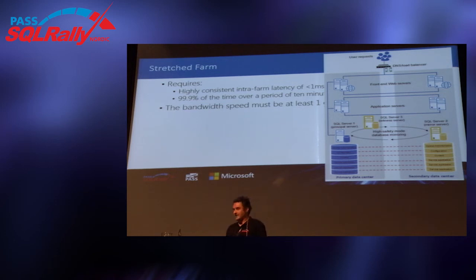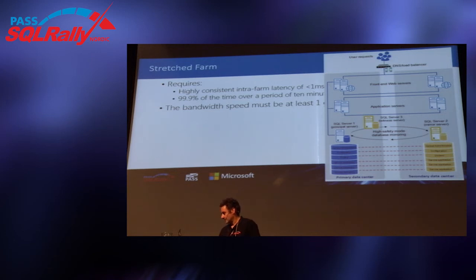This distributed topology is called a stretched farm. What latency? Under 1 millisecond, so they have to be very close to each other. And the latency is between the front-end web server and the database servers.